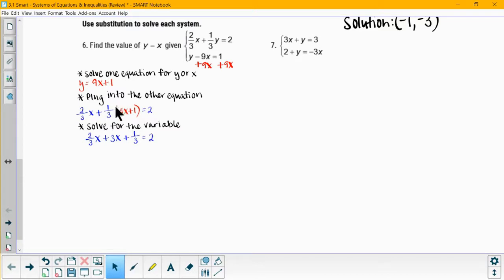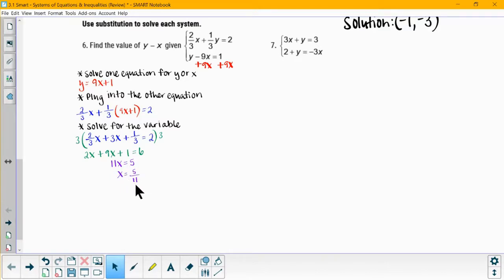I distributed the 1/3. 1/3 times 9 is 3, and 1/3 times 1 is 1/3. Now I'm going to multiply everything through by 3 because I personally would rather not deal with fractions, which is going to give me 2x plus 9x plus 1 equals 6. Going to combine like terms. I get 11x equals 5, which is x equals 5 over 11.